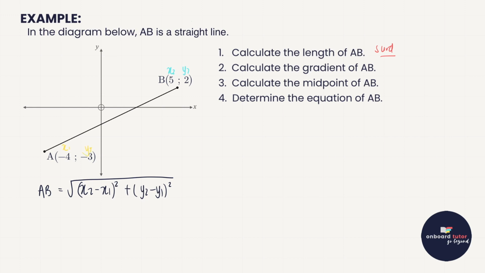So x2 is 5 minus, be careful here of the double minus, minus 4. And that's going to be squared. Plus y2 is 2 minus, again, a negative, minus 3. And that needs to be squared. And all of that is in a square root.